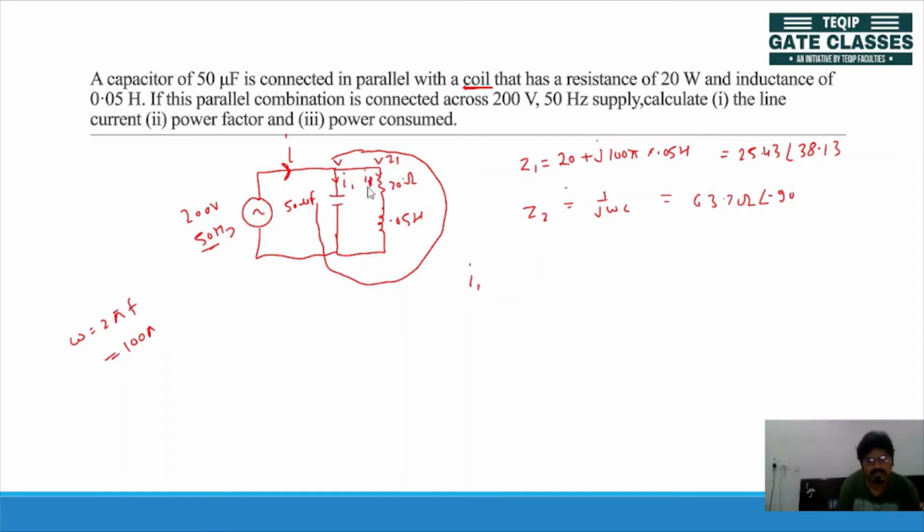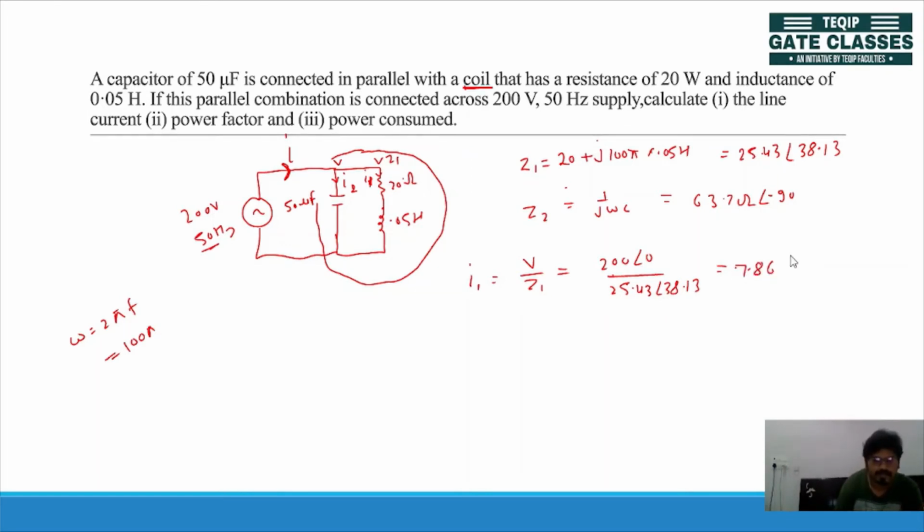Let's say this is I1 and this is I2. I1 is simply V by Z1. V is 200 angle 0, and Z1 is 25.43 angle 38.13.